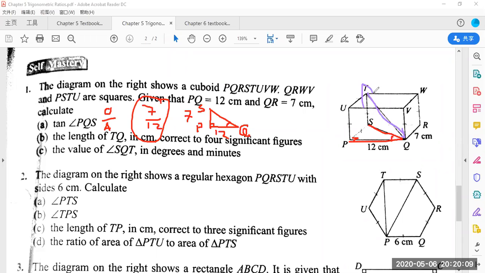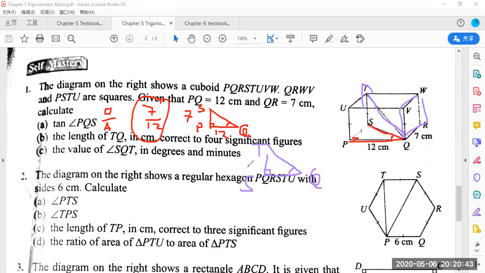So this is another triangle for question B. We draw out another triangle, T, Q, and then S. The question says this one is a square, so all four sides are 7 cm.